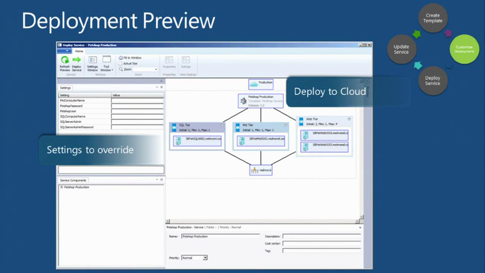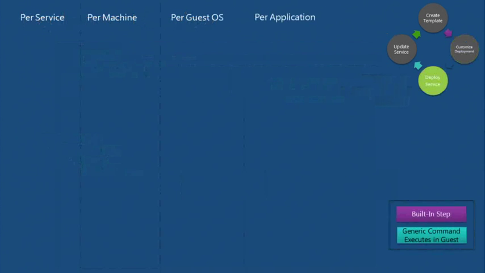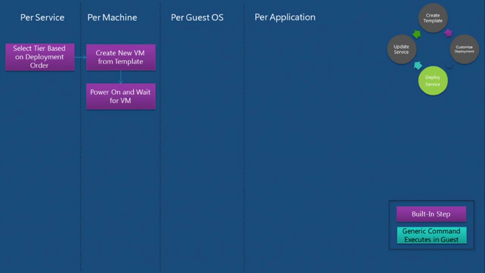Deployment preview, you saw this live, so we're not going to worry about watching that. And we'll walk through what happens during deployment. So what we'll do is we'll select a tier based on application deployment order. Again, we'll actually provision all the VMs in parallel, and when we get to that application deployment phase is where we're going to stagger things. So we'll select the tier, we'll go ahead and create the VM, we'll power on and wait for the VM, then we'll install our guest agent.